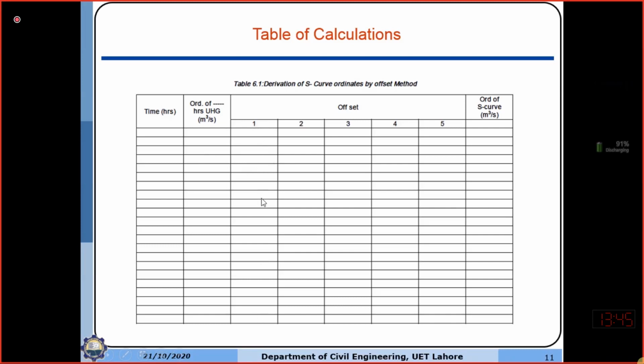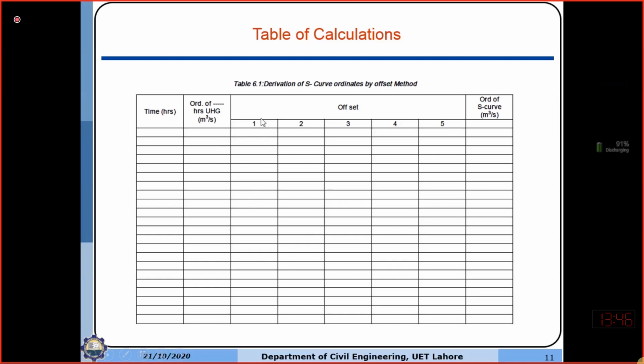The second offset's first ordinate will start at the 8th hour, the third at the 12th hour, the fourth at the 16th hour, and the fifth at the 20th hour. In this way you will take the offsets. What is an offset?